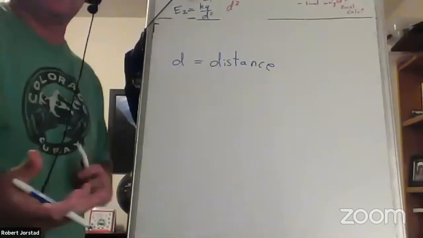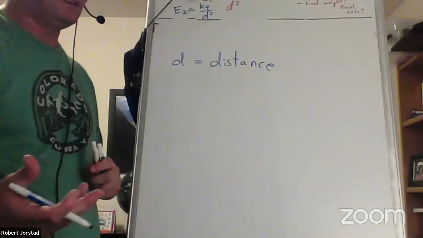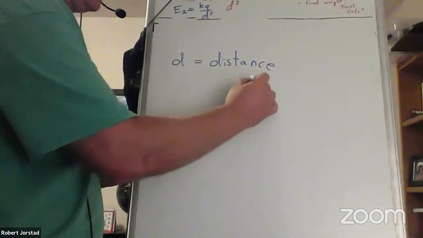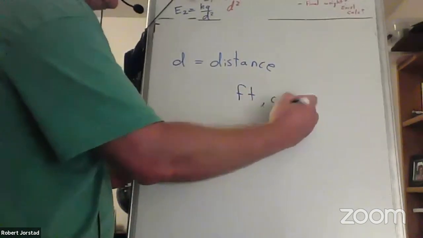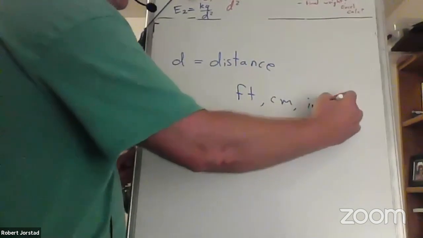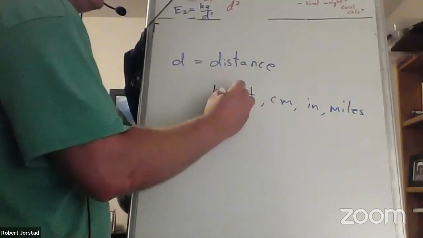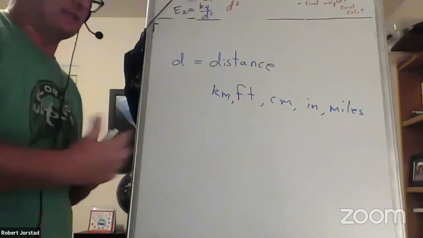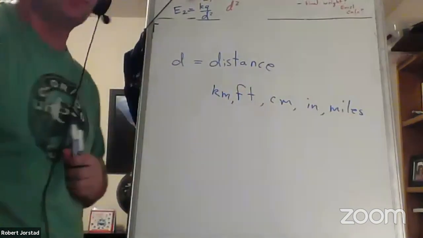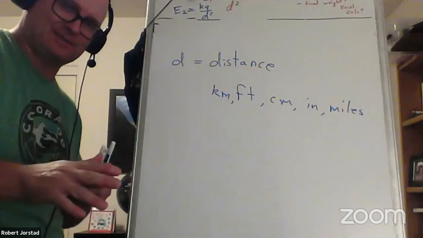For most of you, if we were talking about a distance, you'd probably say, do we measure that in feet or centimeters or maybe inches or miles? You could say kilometers, all kinds of things. But any one of these units could be converted to meters.